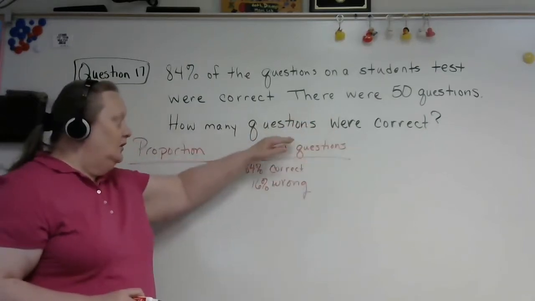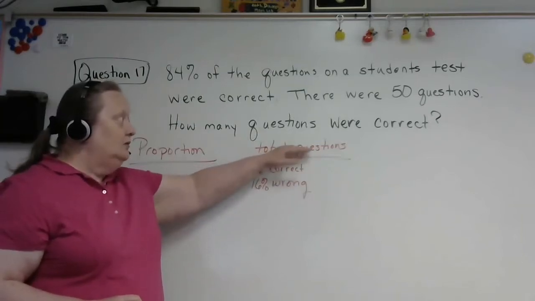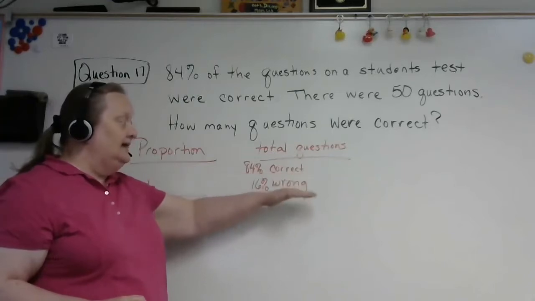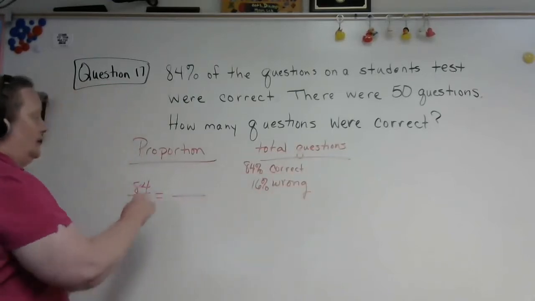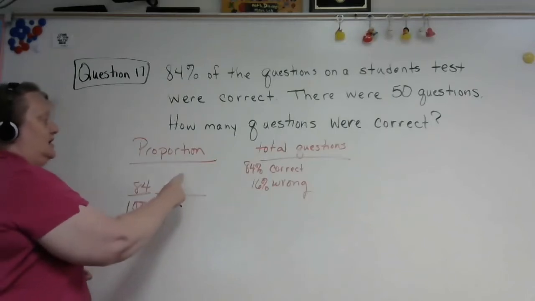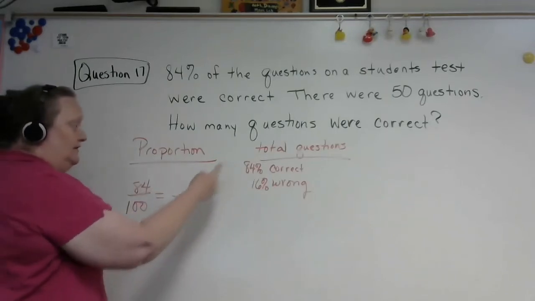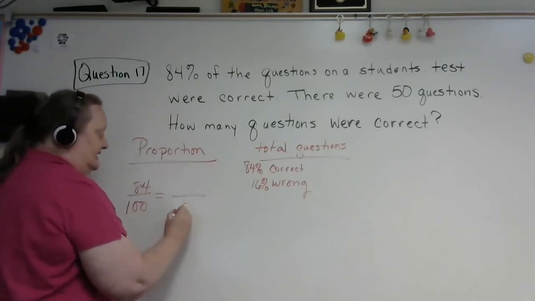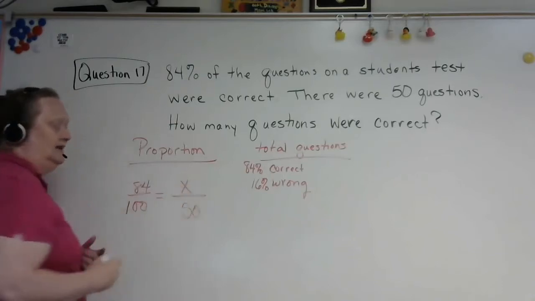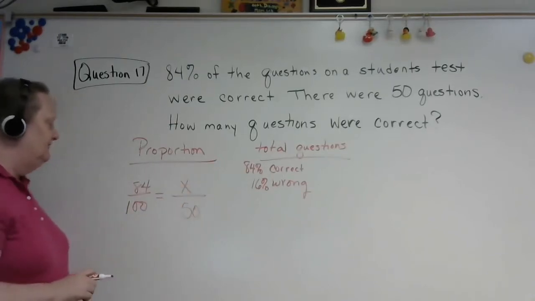Is that the total, or is that one of the parts? Well, it's the total. The total number of questions was 50. Out of those 50, some are correct and some are wrong. So if I have 84 and 100, the 50 is the total, and the number that are correct is what I'm looking for.